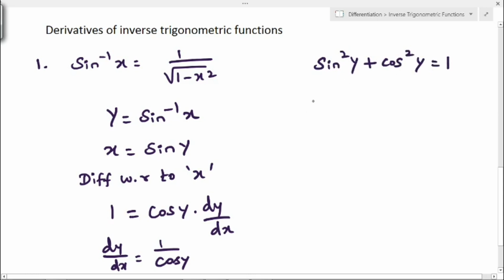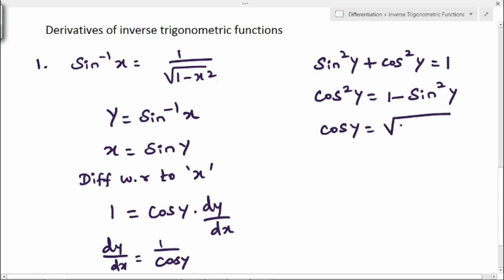From this equation, what is the value of cos square y? 1 minus, I am taking the sin square y to the other side, it will become minus sin square y. Now we want only the value of cos y, so I am going to take square root on both sides. So this will become cos y equal to root of 1 minus sin square y.